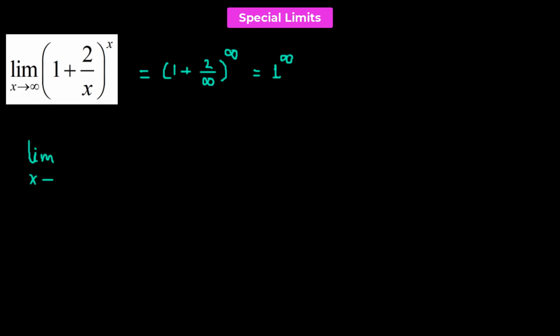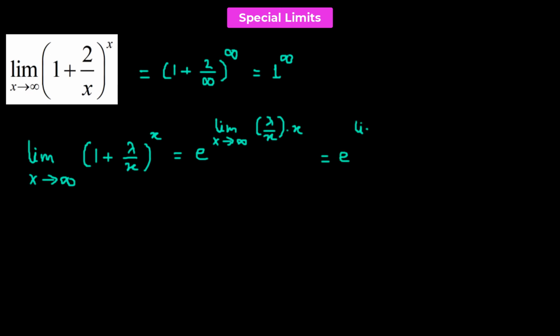The limit as x approaching infinity of 1 plus lambda over x whole raised to the power of x is simply equal to e raised to the power of the limit as x approaching infinity of lambda over x multiplied by x, so that gives us e raised to the power of lambda.